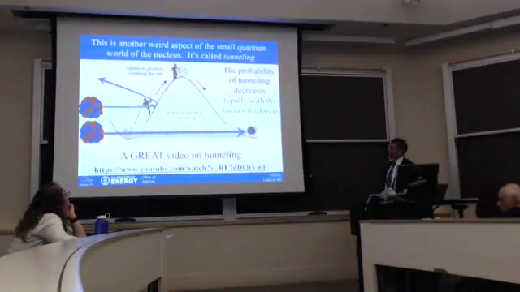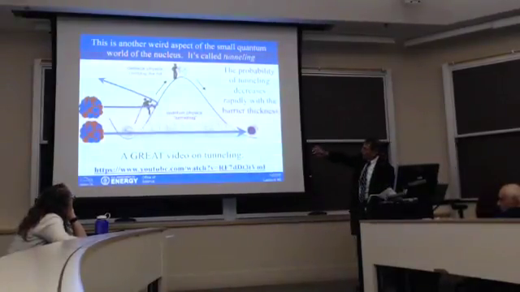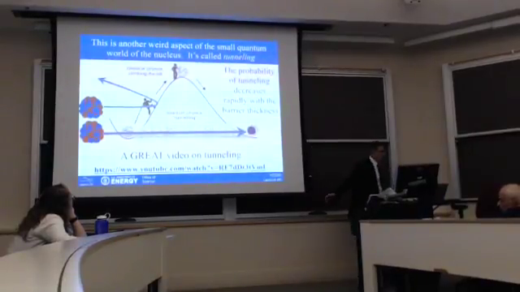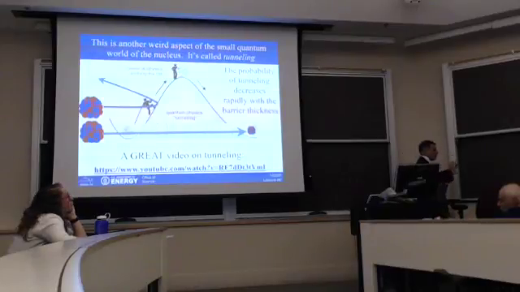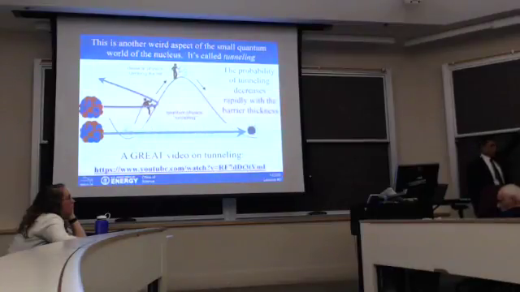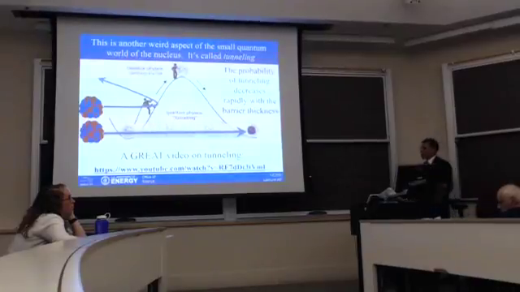In the classical world, if you want to get a boulder over a hill, you've got to ultimately put enough energy in such that at some point in the trajectory, you've supplied the energy associated with the top of the hill, mgh. Quantum mechanics is very different.